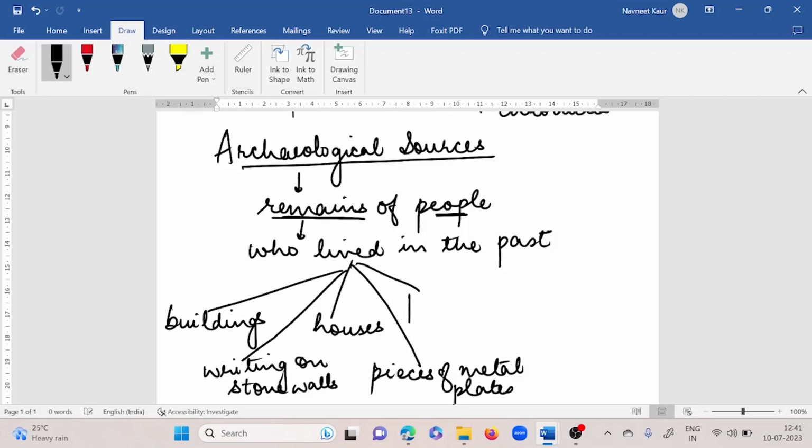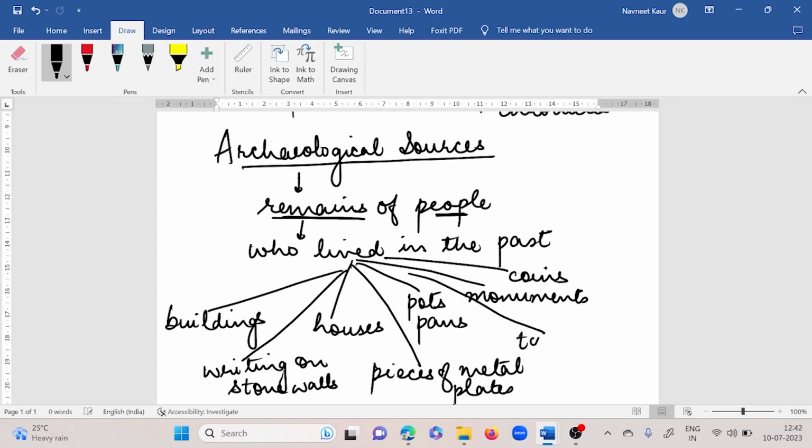Could be some pots, some pans, monuments, coins, tools, jewelry, food remains, right?